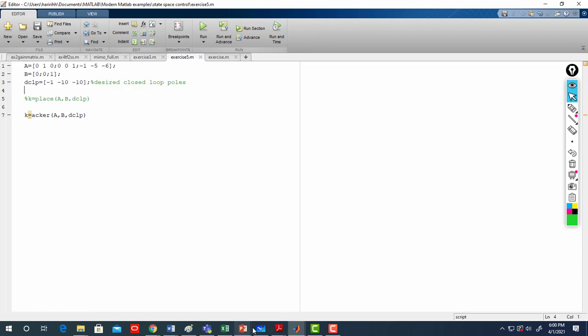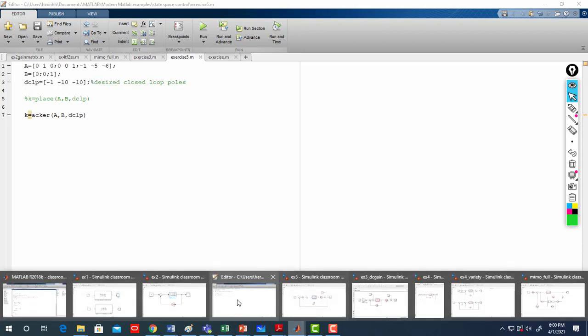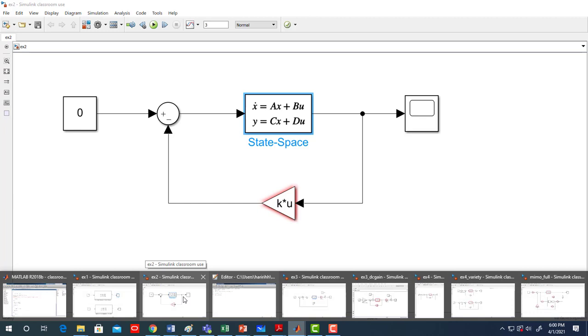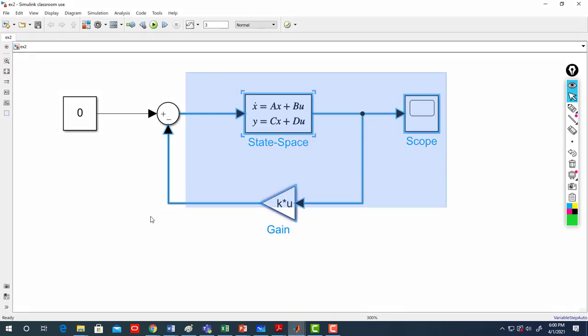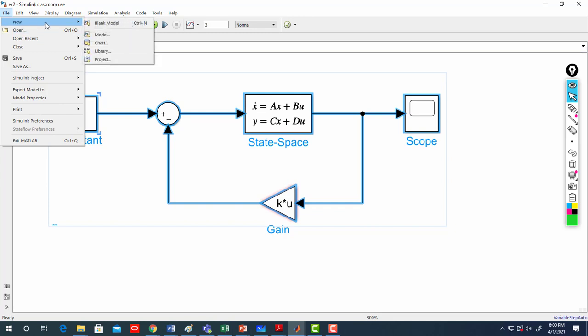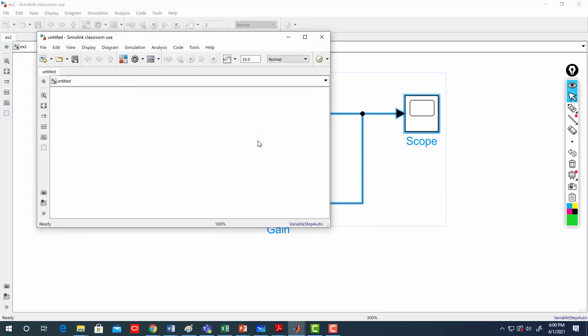Let's visualize it in Simulink. Let me take a simple block, which you know. Alright, I copy it. I don't need to do this with you.